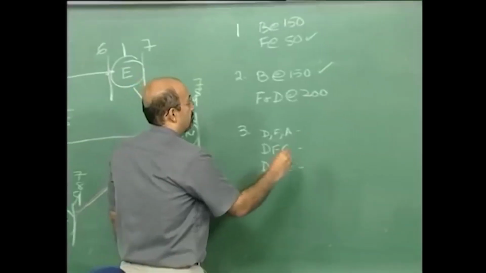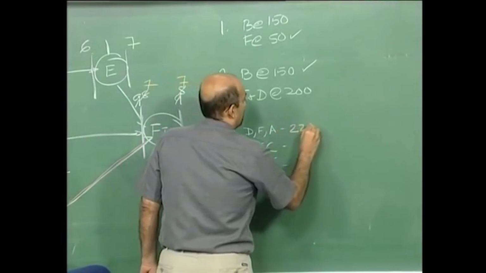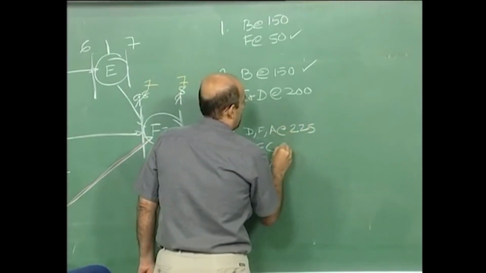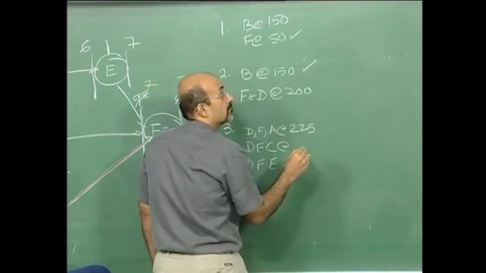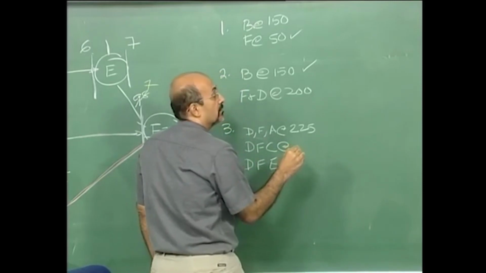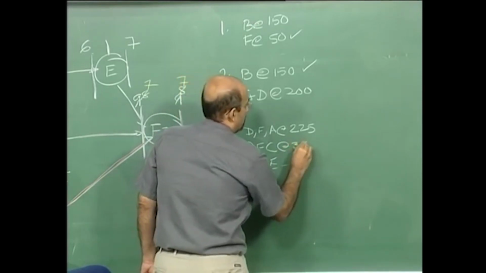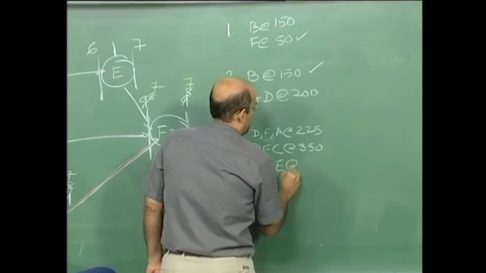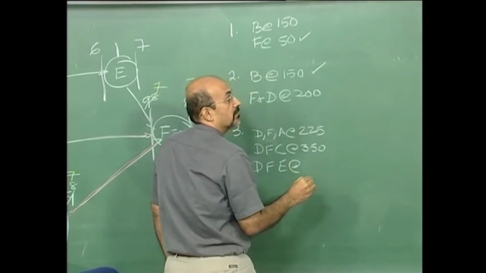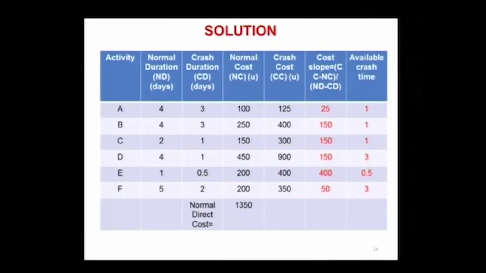DFA 225, DFC at 200 plus 350, 350, DFE at 400. E is expensive to crash.